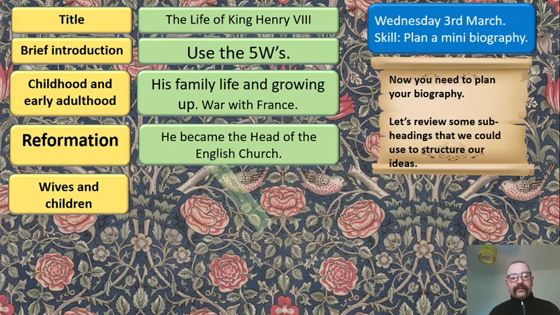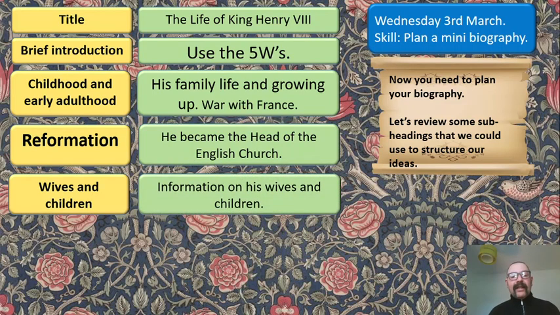Okay, and hopefully we've learnt a little bit about his children and how they are connected to the monarchy. So which ones of his children had a period at ruling the country or were in charge of the country, or for how long? So you can put in a little bit of detail about that. Okay, check you've got some info in your notes.